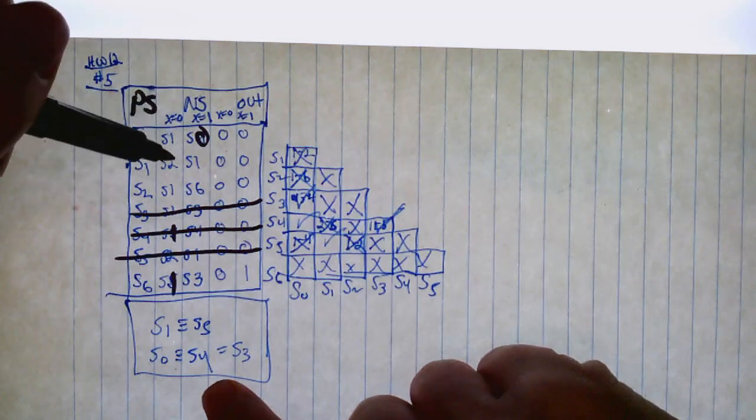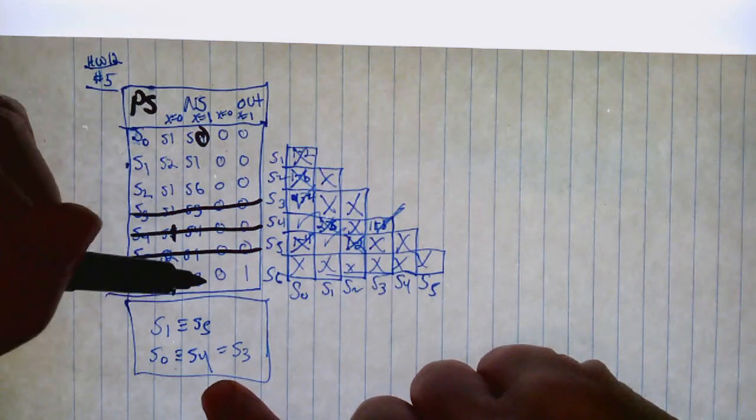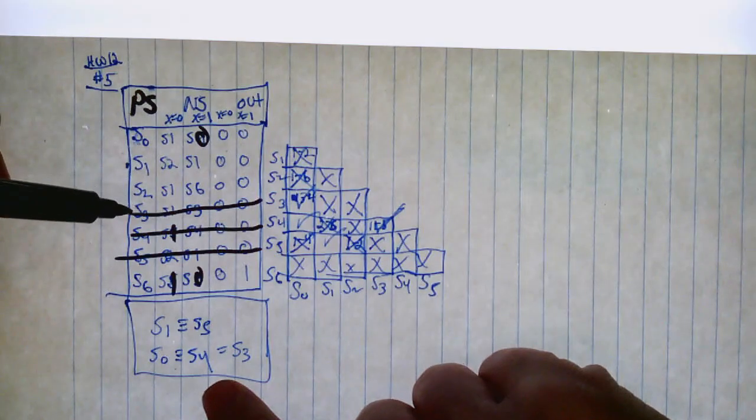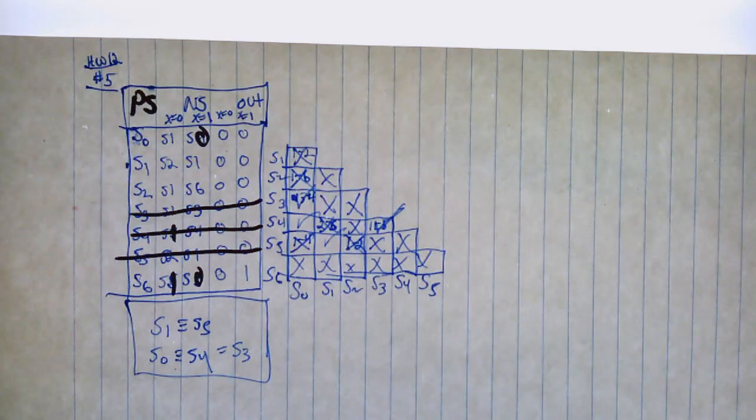So S4 and S3 are all written as S0. And that's all the reductions I could see. What do you think? Does that look all right?